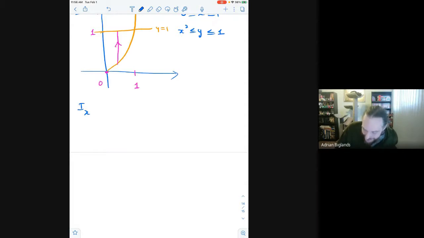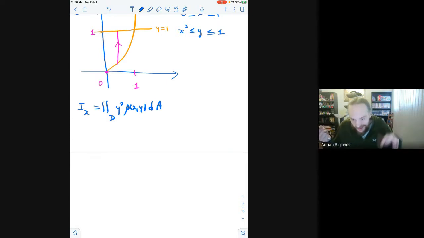Therefore, Ix is equal to the double integral over our region D of y squared times rho(x,y) dA. These integrals are going to feel awfully symmetric because our rho is x times y. So one of them will be x times y times x squared, and one will be times y squared. So they're going to look awfully similar.